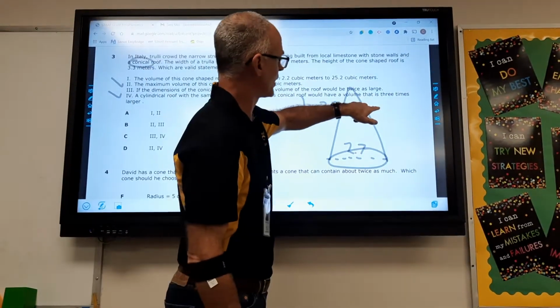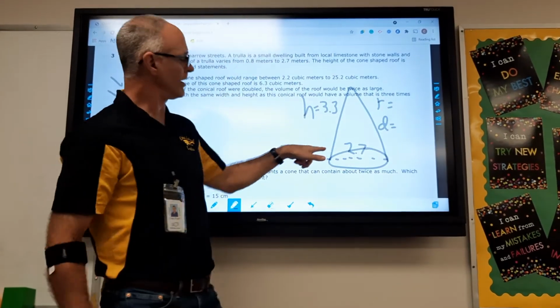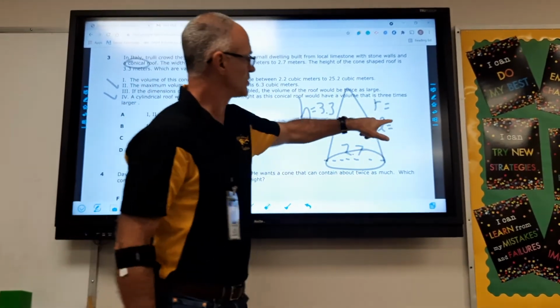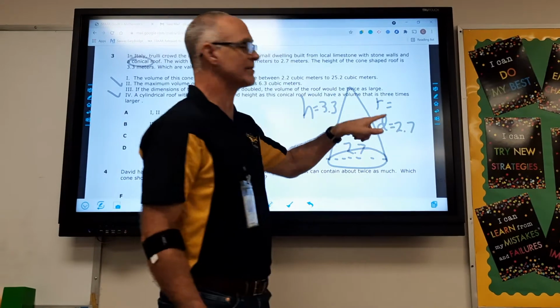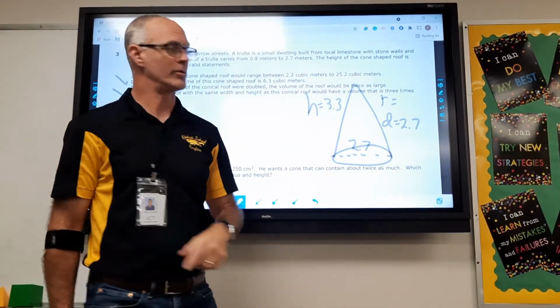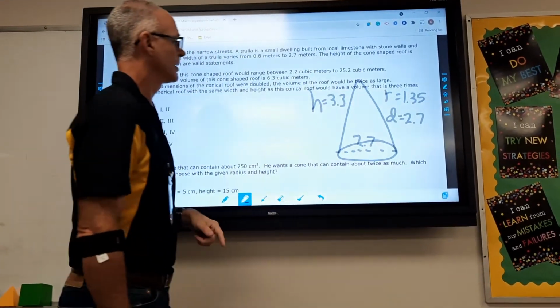So we do R equals and D equals. The width of it represents the diameter from one edge to the other edge, 2.7, which means the radius will be what? 2.7 divided by 2, which is 1.35.